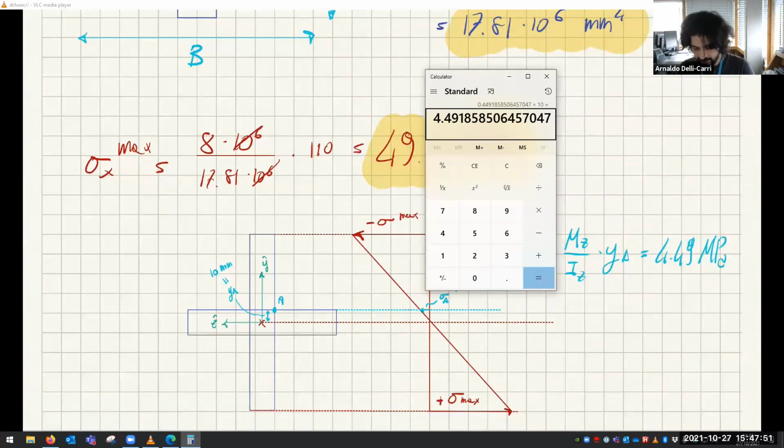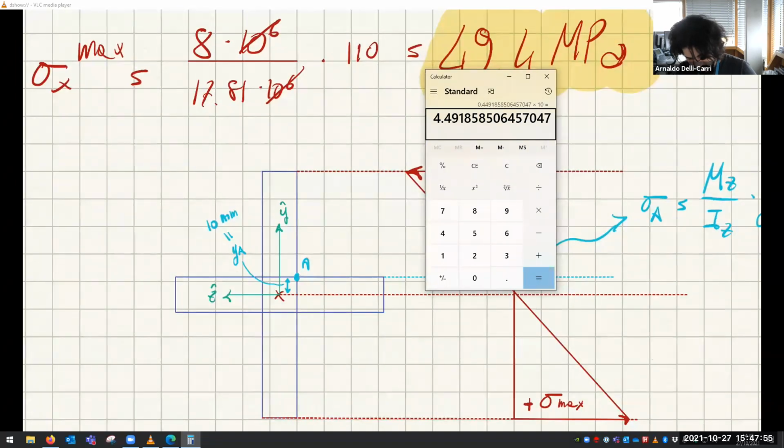See, and now you can find whatever point you want. Say, what is the stress at this point here, point P, which is at yP, say 35 millimeters. Let's not say 35, let's say 55.